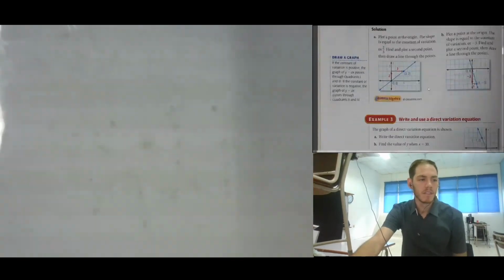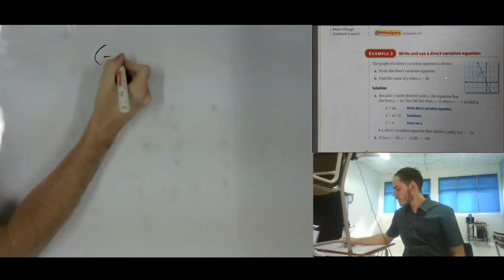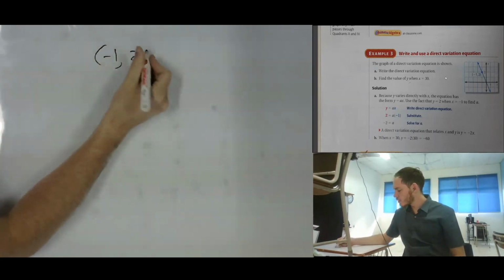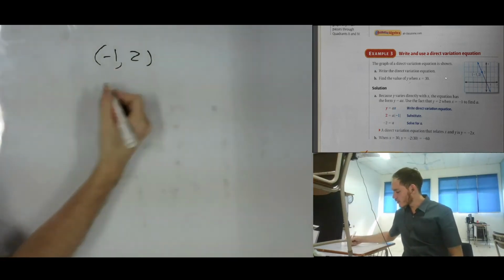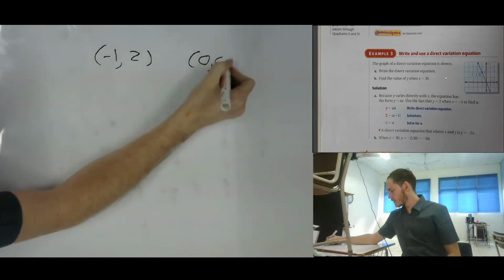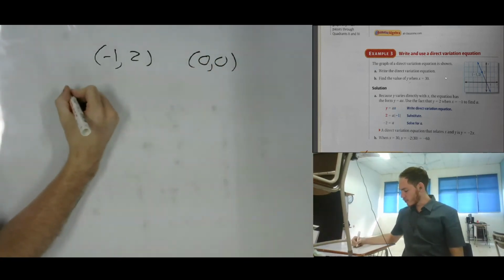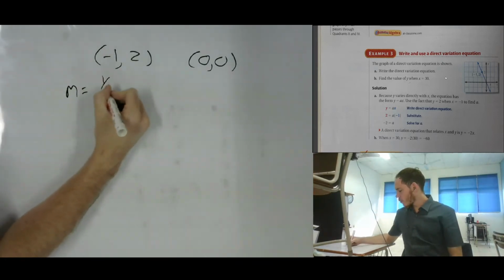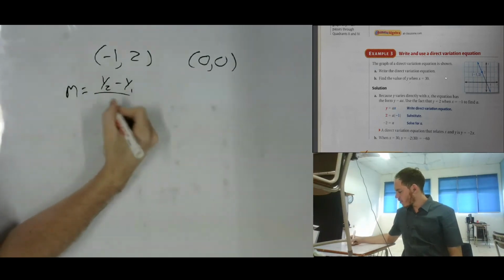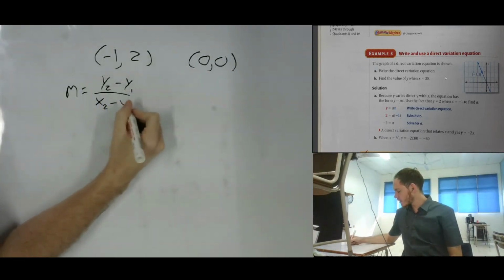Okay. We're almost done with this. So last one, we're going to talk about finding the direct variation. They give us 2 points: -1, 2, and we can see by their graph on this page that we also go through 0, 0. Now, what's our equation for slope? Our equation for slope is m equals y2 minus y1 over x2 minus x1.